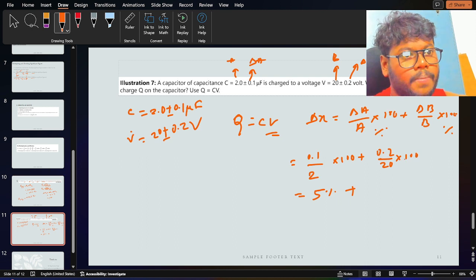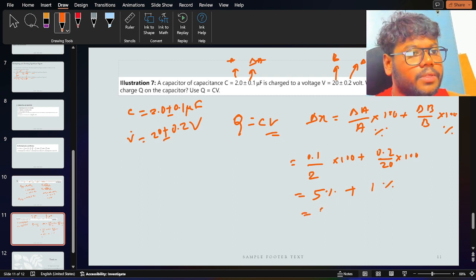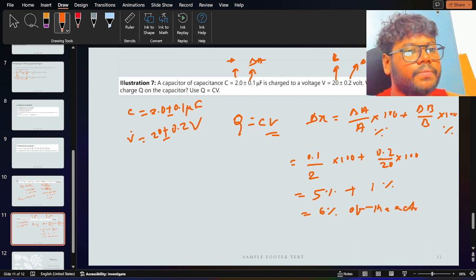The first gives 5 percent and the second gives 1 percent. So our percentage of error is 6 percent of the actual quantity.